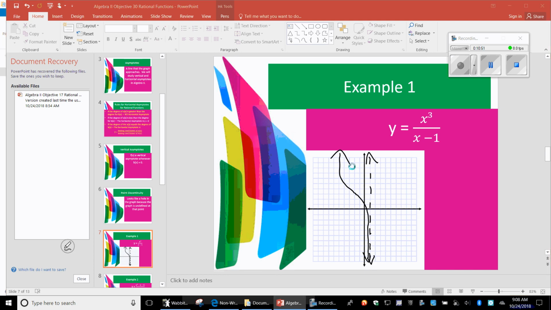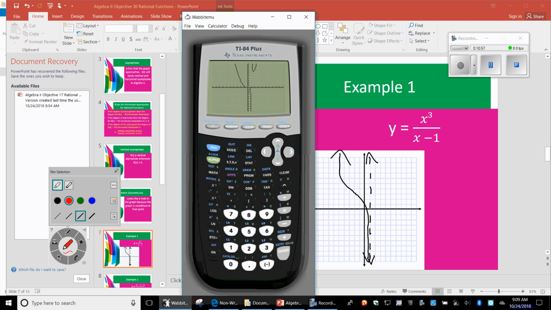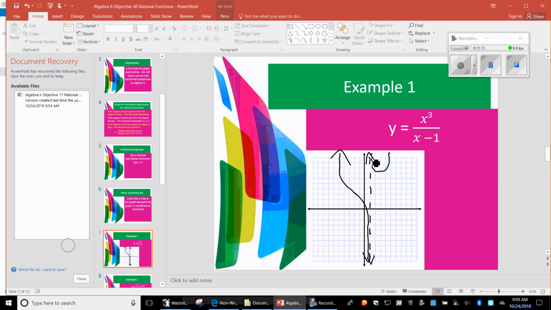If you look to the other side of it, it's going to come from this side, and it's going to dip down, and it's going to get awfully close to this asymptote, but it's not going to quite touch it, okay?